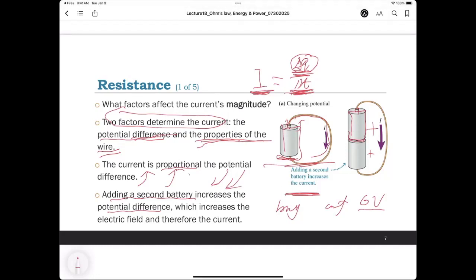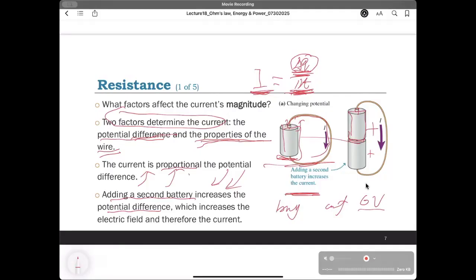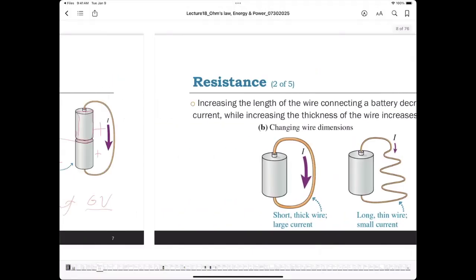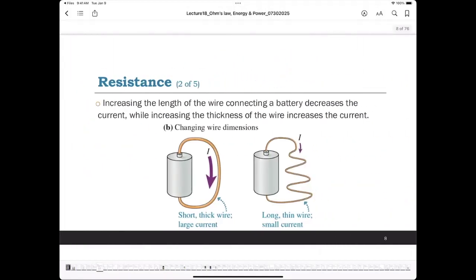Okay, let's continue to talk about resistance. Increasing the length of the wire connecting a battery decreases the current, while increasing the thickness of the wire increases the current.